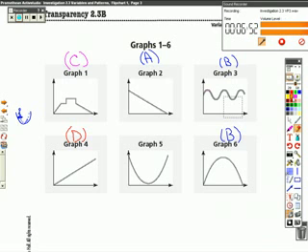The number of hours of daylight changes over time as the season changes. And we said that was time and daylight. So as the season changes, the daylight changes. I don't see graph 1 working. This is decreasing daylight as the seasons go.